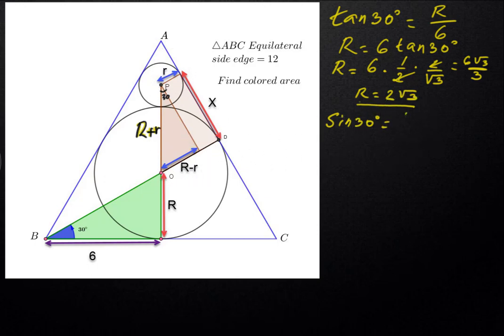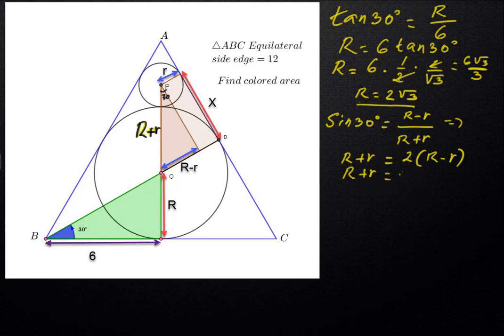So R plus r is equal to R minus r over sine 30 degrees, or over 1/2. That means R plus r is equal to 2 times R minus r.